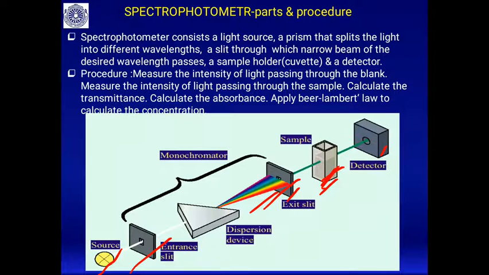Measure the intensity of light passing through the sample, calculate the transmittance, and calculate the absorbance. All these we can get on the screen. Then we apply the Beer-Lambert law to calculate the concentration of the solute in the sample or in the solvent.